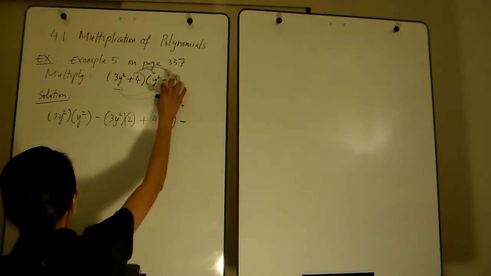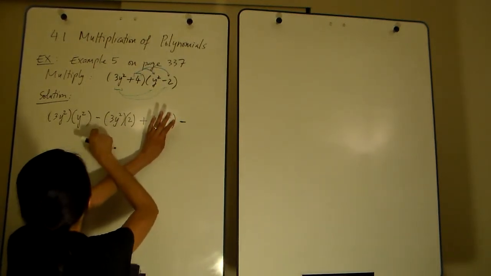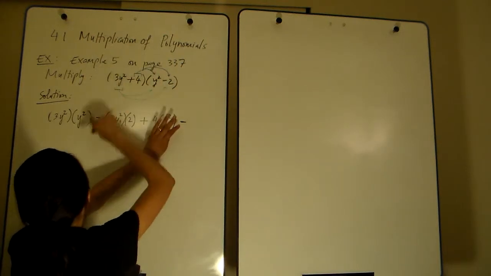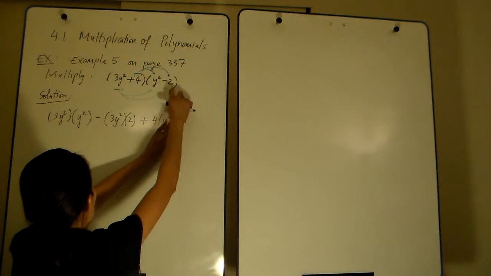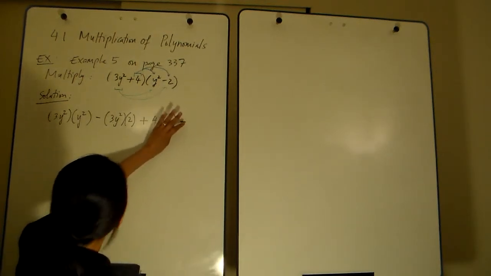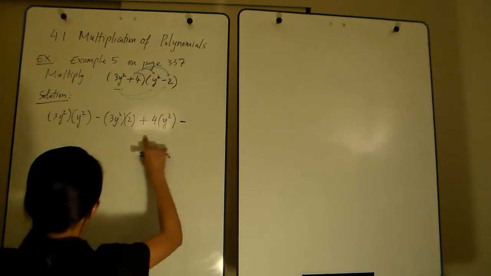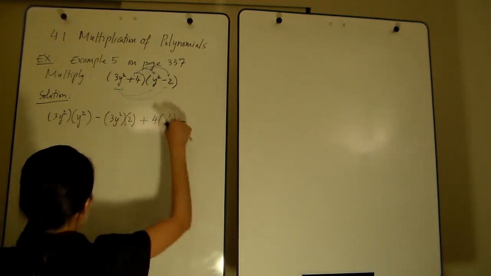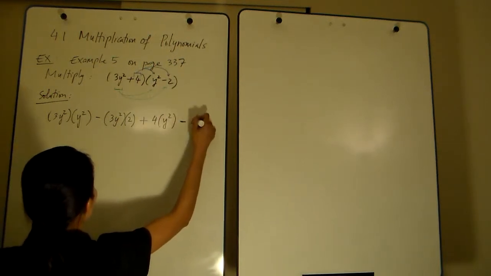This subtraction comes from this subtraction, okay? That's how you got this subtraction as well when you multiply 3y squared to each term. This is the subtraction between the y squared and 2 in the second parenthesis. So for this term right here, 4 times y squared, we get this. And this subtraction goes here. And then we take 4 times 2.